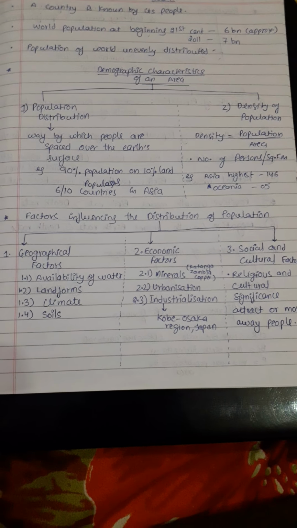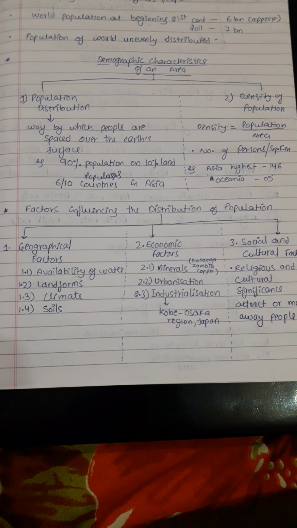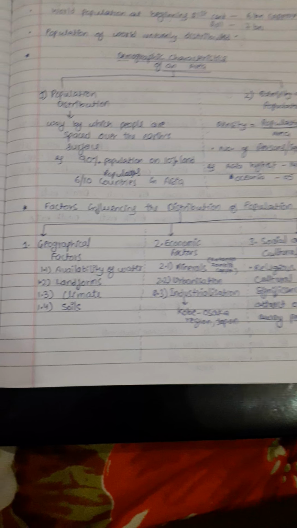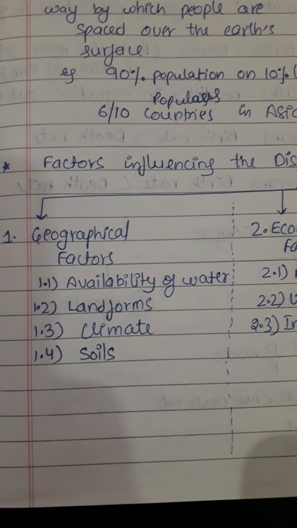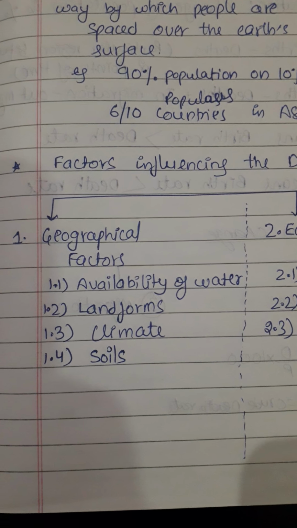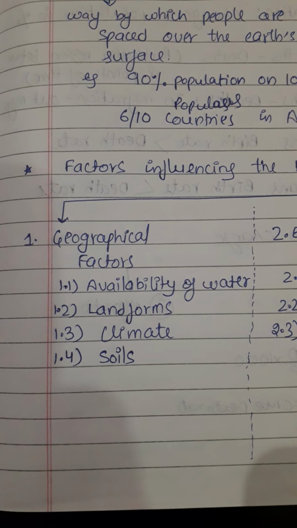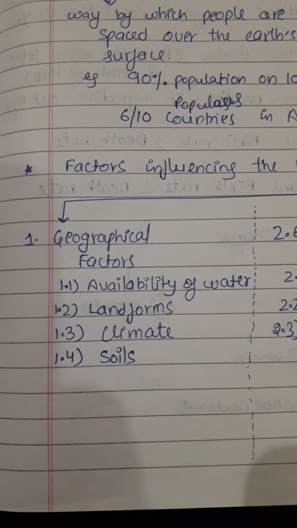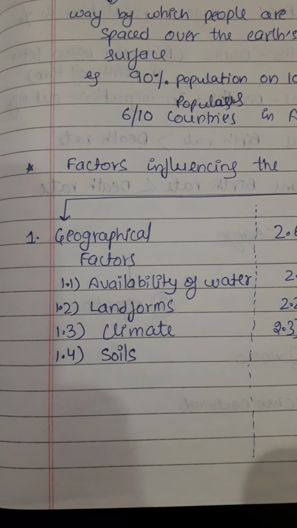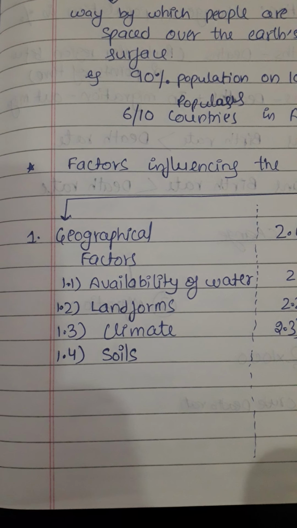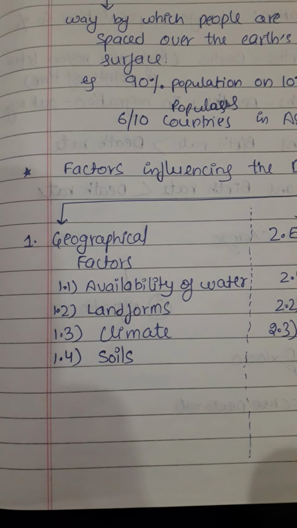When we are talking about the geographical factors, there are four sub-factors: first, availability of water, second, landforms, third, climate, fourth, soil.